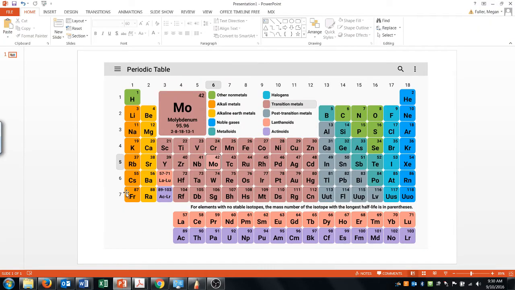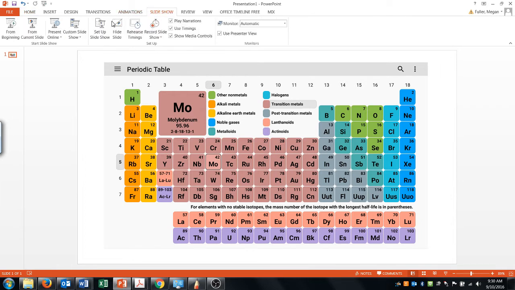The metal is either going to be main group, in these two alkali and alkaline earth metal clusters, or it's going to be in the transition block or underneath of the metalloid stairs. Right? So we can see that magnesium is located in the alkaline earth metals. So it is what we're going to call a main group metal. Okay, a main group metal means that the charge is fixed.